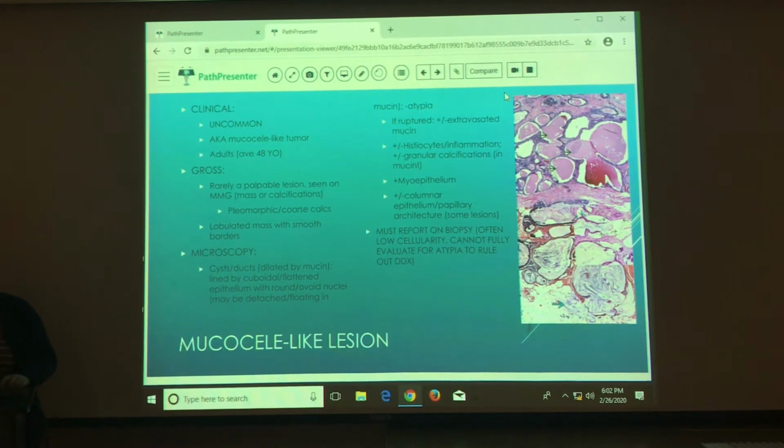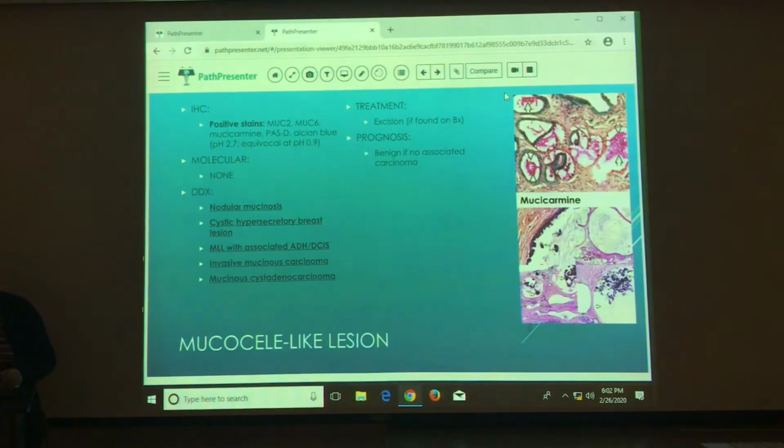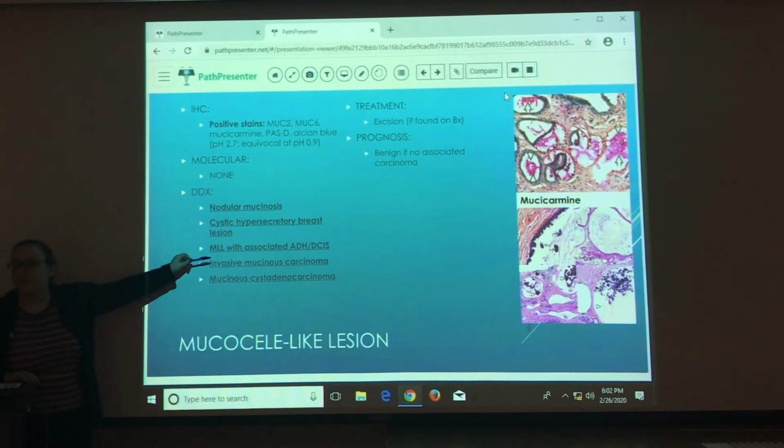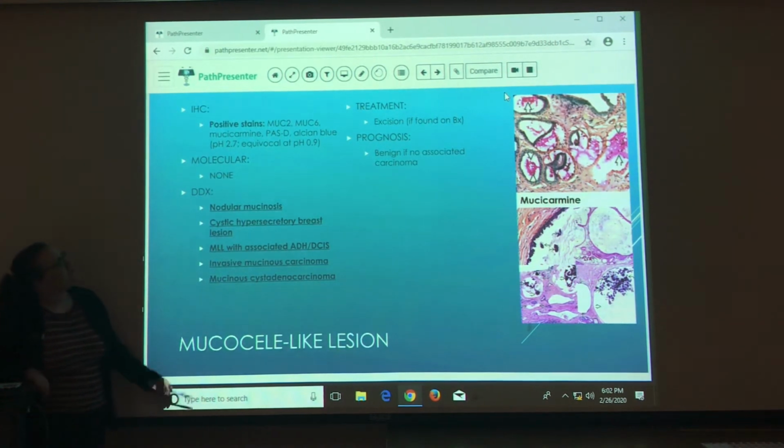But there's not too much to say about them because you can't really go beyond saying it's a mucocele-like lesion, unless you had frank atypia to the point that you can call carcinoma. All these lesions are going to look very similar on biopsy, so that's why you hedge and say mucocele-like lesion.